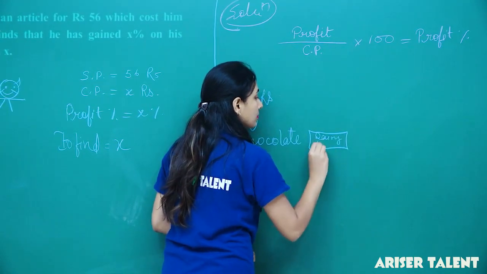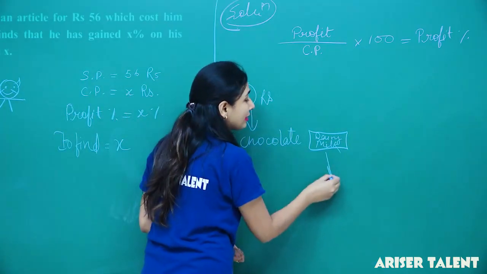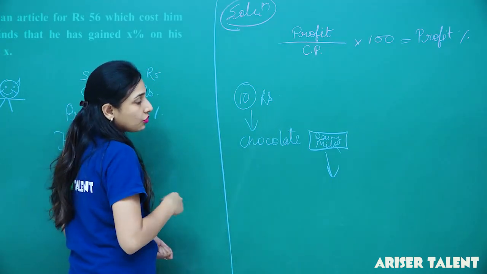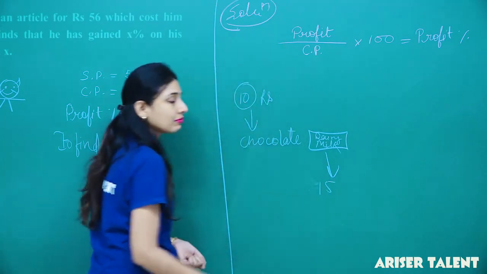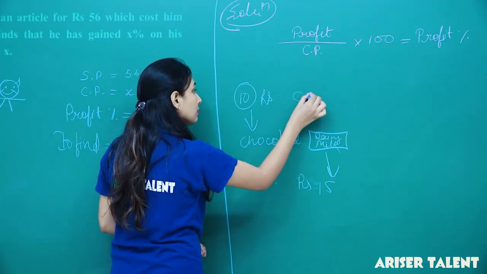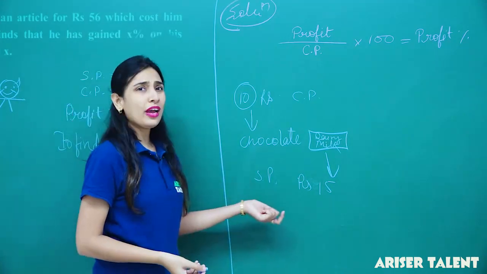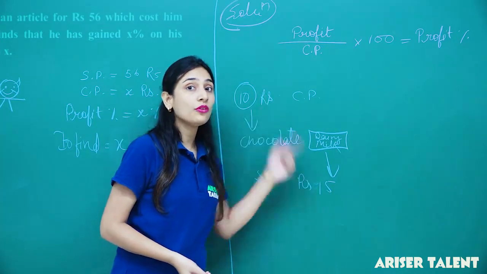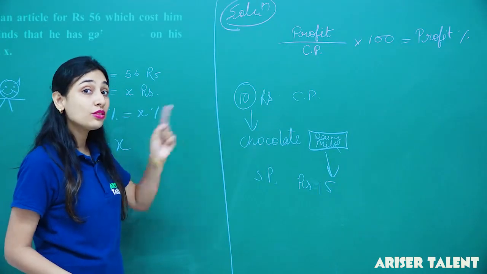Your friend was craving a Dairy Milk, so you sold this Dairy Milk to your friend for 15 rupees. This will be your selling price, and this is your cost price. What profit did you earn? Obviously 5 rupees. You purchased something for 10 and sold it for 15, so the difference is 5. The selling price minus cost price is your profit.